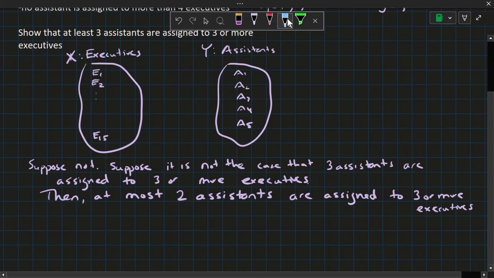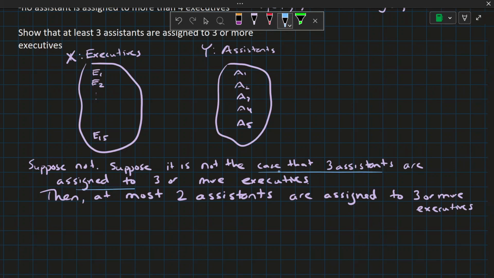We took the at least 3 and made it less than 3, and since we're with the integers, that means it's at most 2.